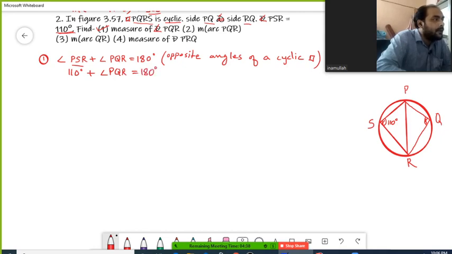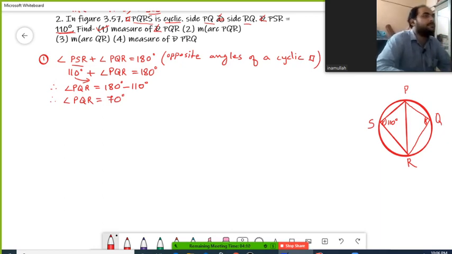Now we can bring this 110 to the right hand side. So angle PQR is 180 minus 110. So this way we have angle PQR as 70 degrees. So the first part of this question is done, which was to calculate angle PQR, which is 70 degrees.